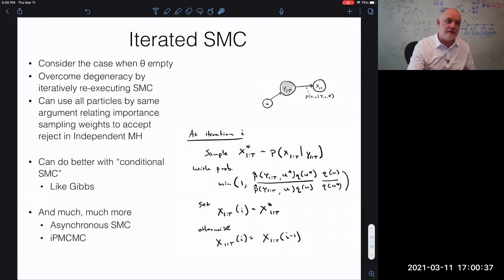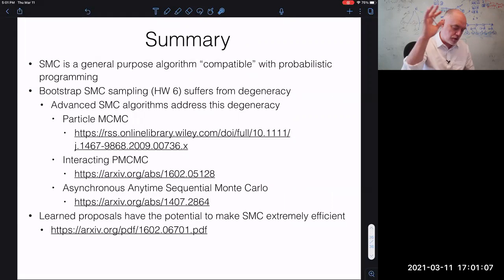So I gave you the very simplest version of one of these algorithms, which is iterated sequential Monte Carlo, where you run sequential Monte Carlo again and again and again, basically treating it as a particle marginal Metropolis-Hastings algorithm, in which there is no theta. But if you want to do parameter estimation, that's cool as well, or compute uncertainties over latent global parameters.